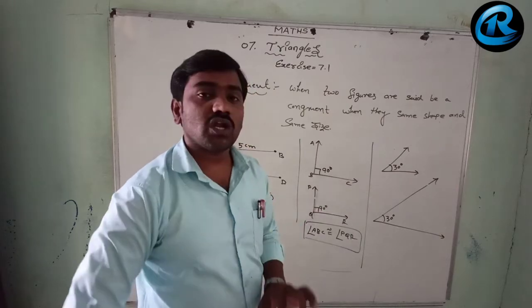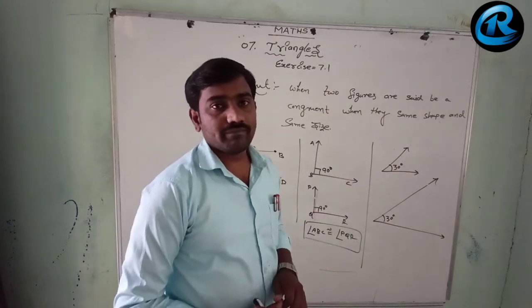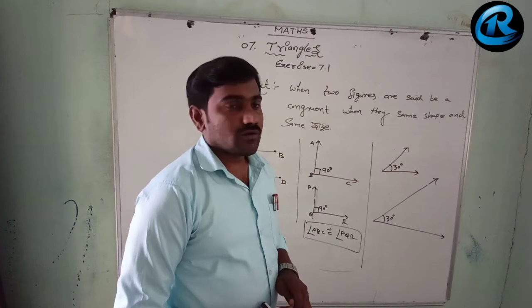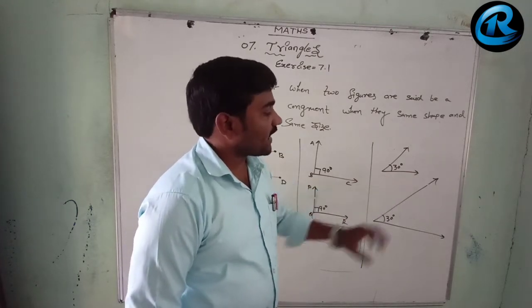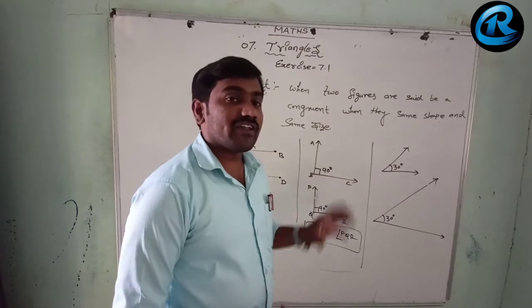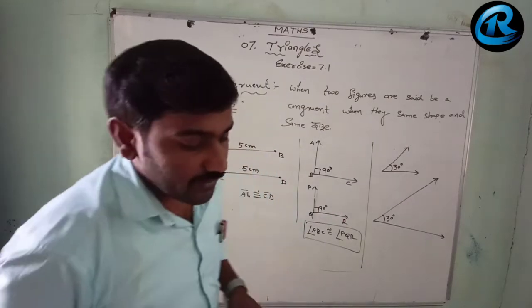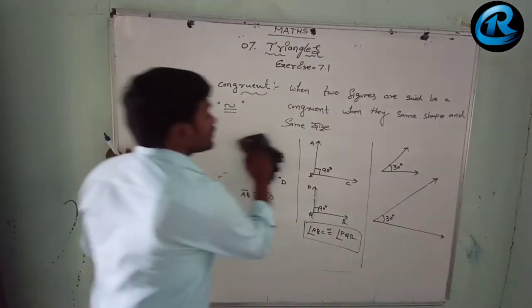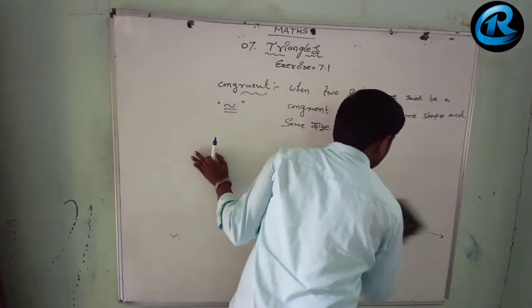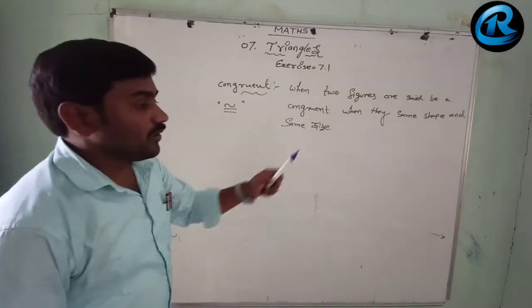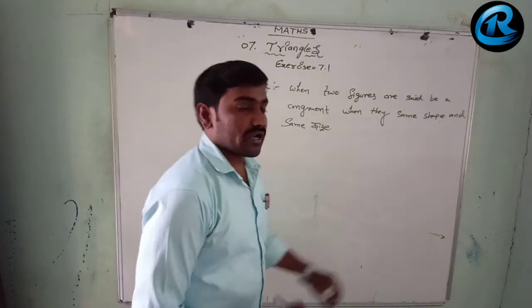Are these angles congruent or not? Now here we have a dilemma about whether these two angles are congruent or not. To clarify this, we should know the meaning of sides and angles. Here I will tell you, and you will understand whether they are congruent or not.